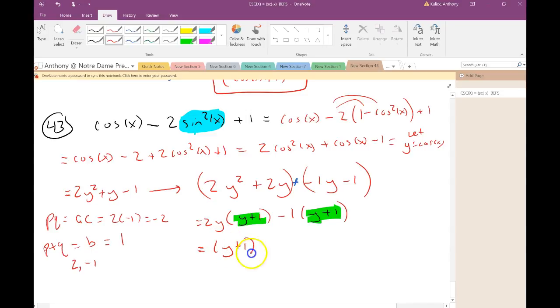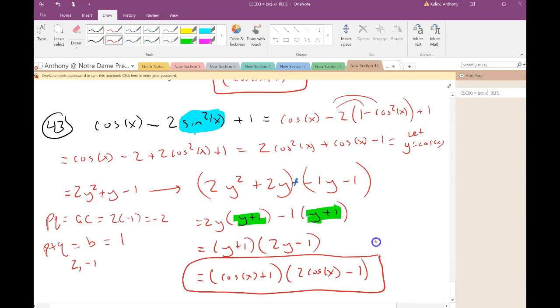So I'm going to factor them off, and what I'm left with then is 2y minus 1. Am I finished? What do I still have to remember to do? Put that cosine back in place of y. And there's my factored form.